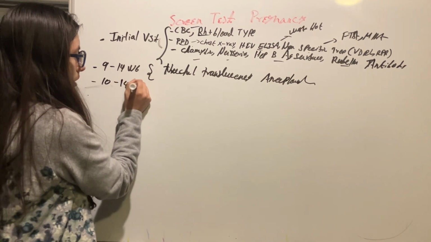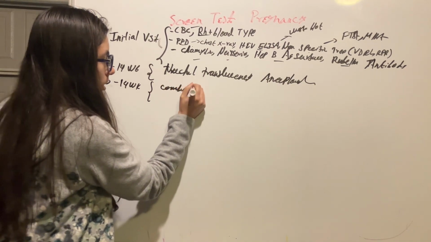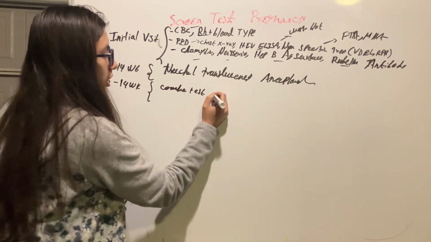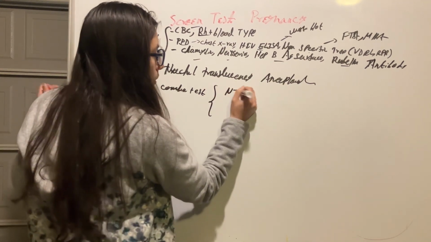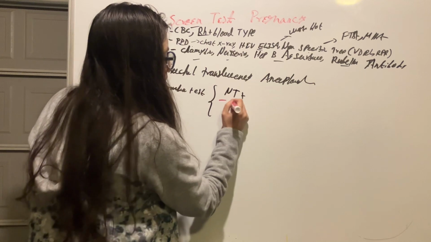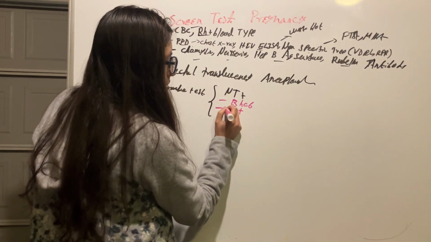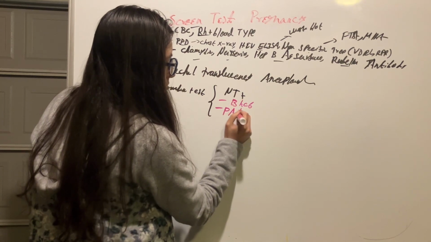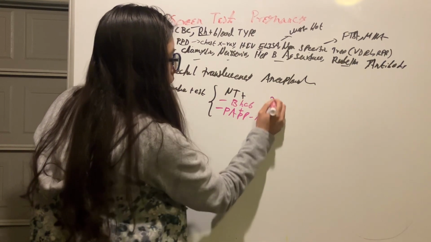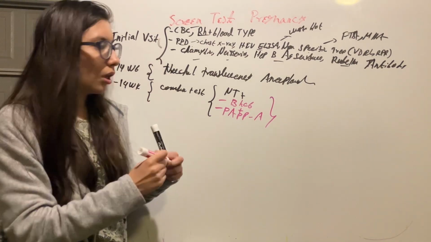The combined test is the nuchal translucency plus beta HCG plus pregnancy associated plasma protein A. All this is done between 10 to 14 weeks gestation.